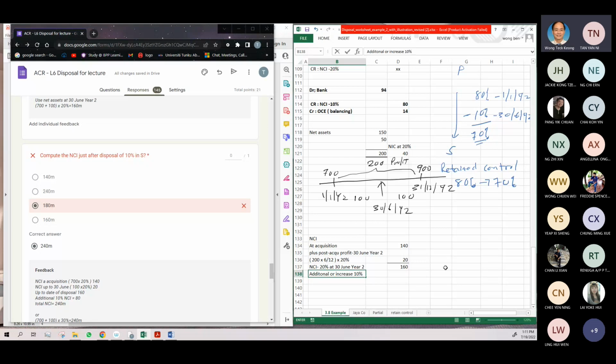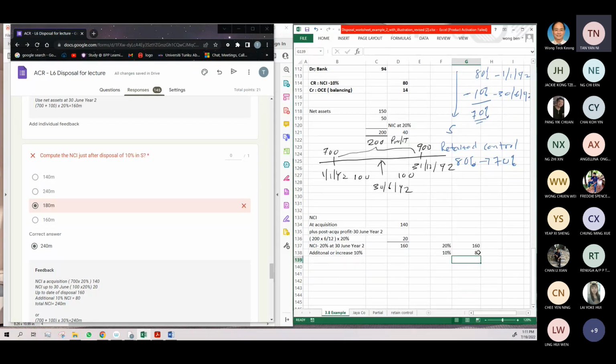So you know 20% here is 160. And 10% how much? 160 divided by 20% times 10%, 80.